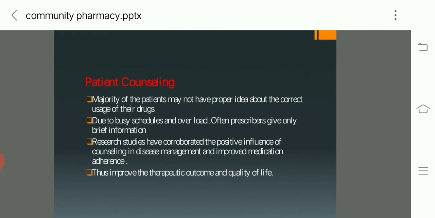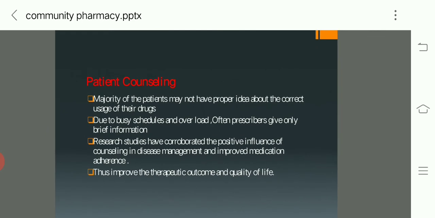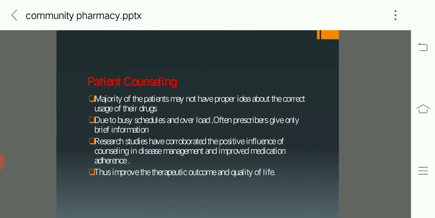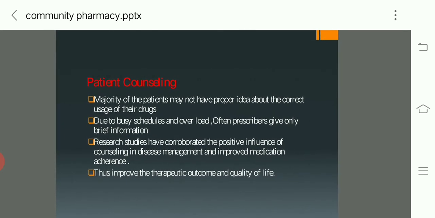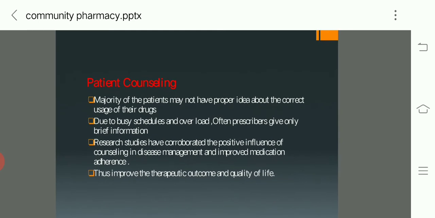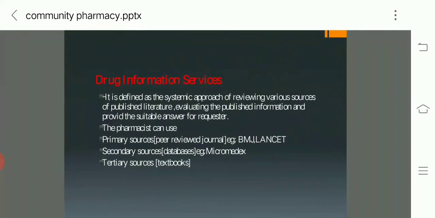That means whether the patient is taking the correct medication, in the correct dosage, at the correct time. And thus, by improving medication adherence, the therapeutic outcome will be improved and the quality of life also will be improved.